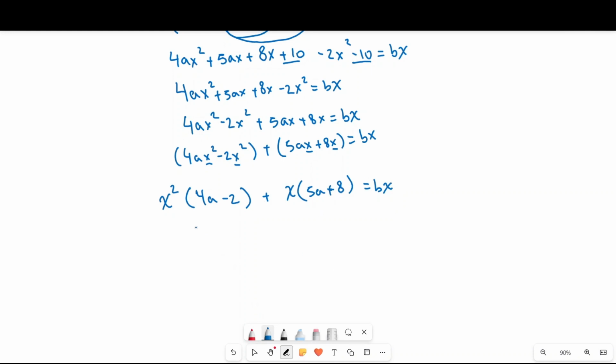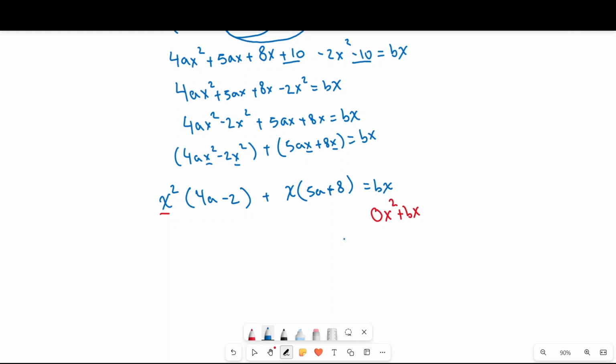From this step, it's really important to note that bx, which is a singular term, is equal to 0x² + bx. And that way, since these two expressions are equal, we can match 4a − 2 to 0 and 5a + 8 to b, because the x² is attached to 4a − 2 and to the 0, and the same principle applies to x times (5a + 8).